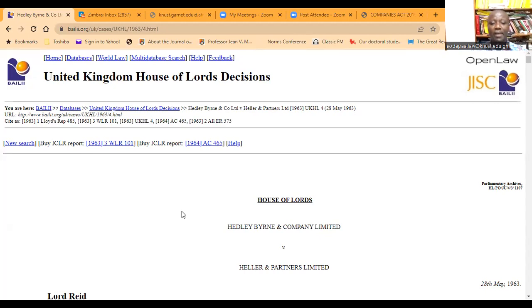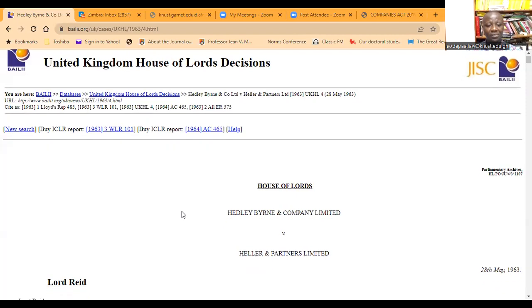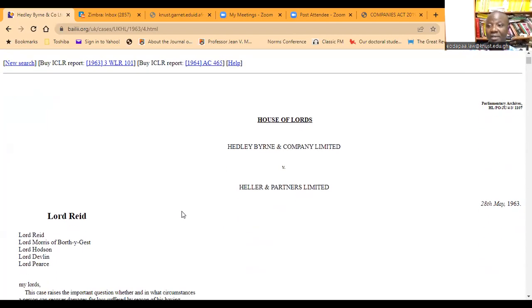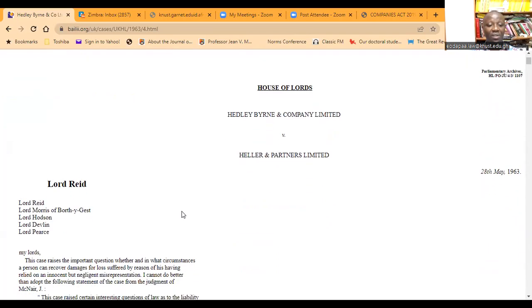Okay, so I made the point that the case of Hedley Byrne and Company Limited against Heller & Partners Limited is a leading authority for recognition of negligent misrepresentation. And just take note of the correction in the slide: the citation is not 1928, it's 1964.